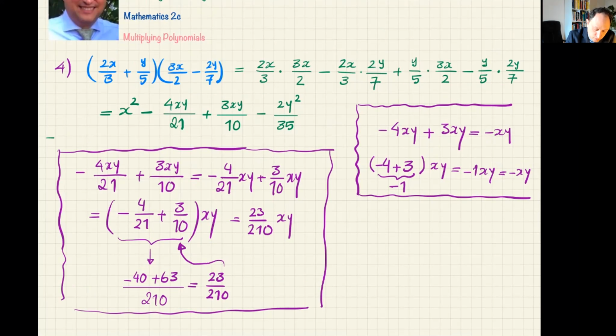So if I want to go one more step, it becomes x squared, and then I will have plus 23 over 210 xy, and finally I will have minus 2y squared over 35.